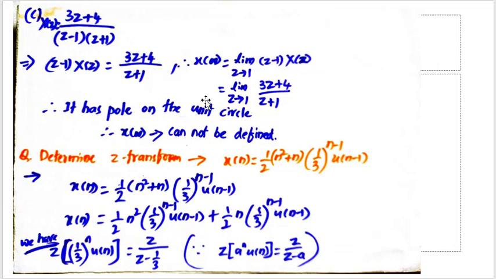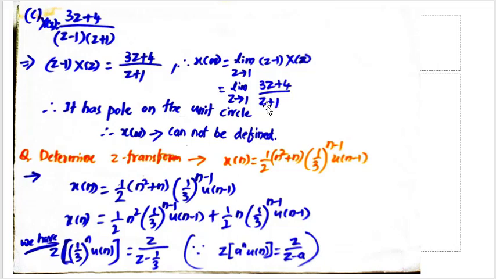So we substitute this term here, and if I look into the expression for x of infinity, in the denominator I have a z equal to minus 1 term. The pole at minus 1 lies on the unit circle. Please understand, once again I am highlighting, the region of convergence is bounded by the unit circle.